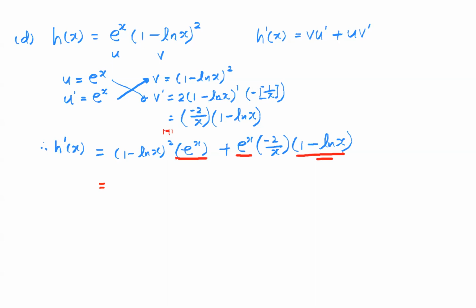What are the common factors? e to the power x and (1 minus ln x) to the power 1. So the first term, take away 2 over x. So this is called your simplified form.